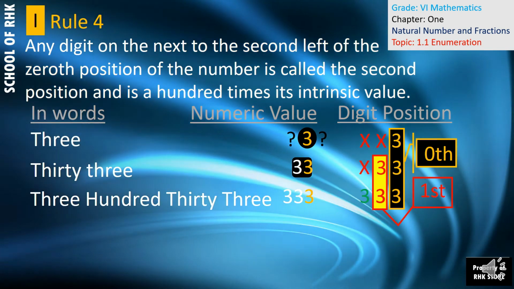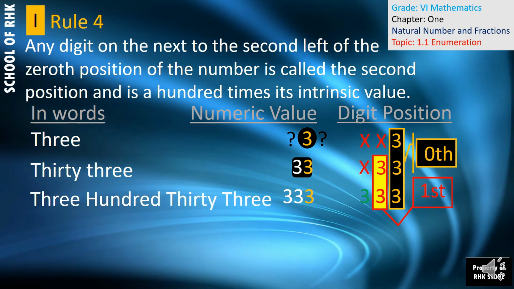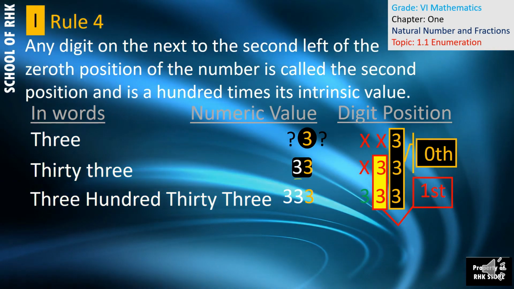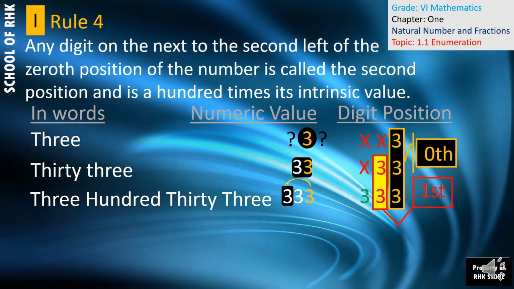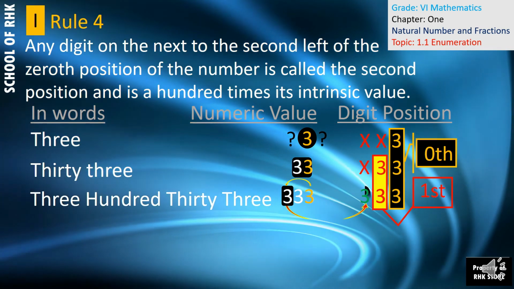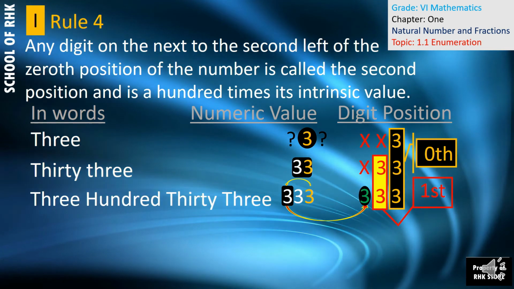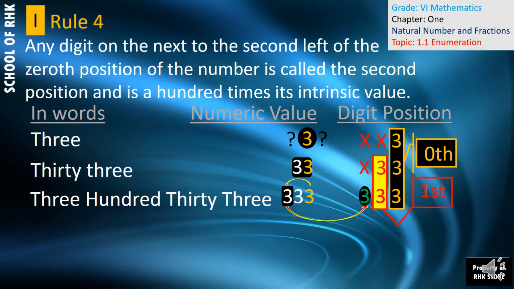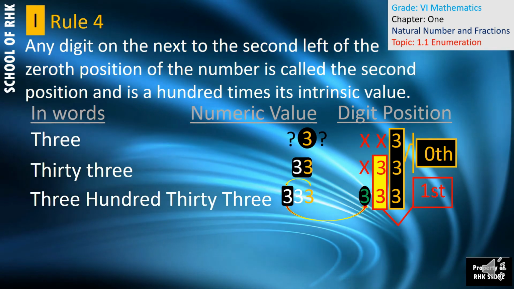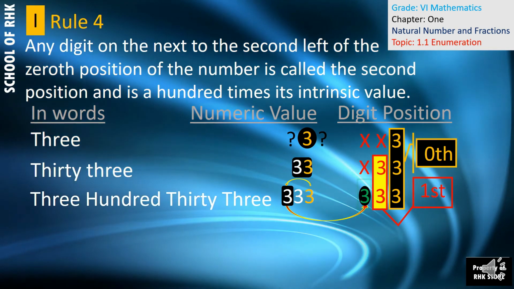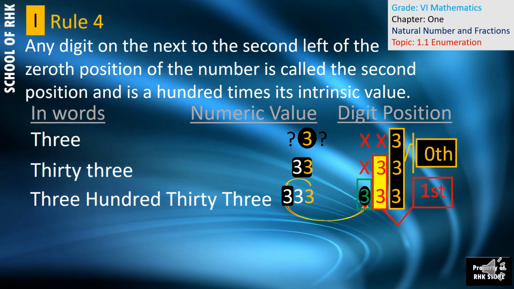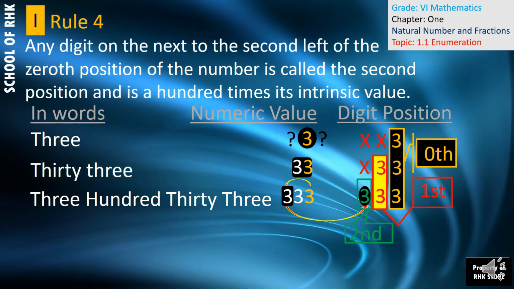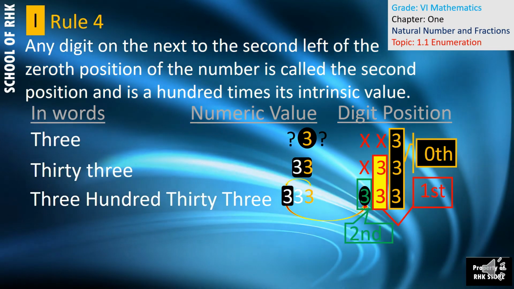To make it clear, the digit on the next to the second left of the 0th position or the extreme right of the number 333 is being marked in green color. To visualize, it is enclosed in a green colored box to indicate its position is next to the second left of the 0th position of the number.